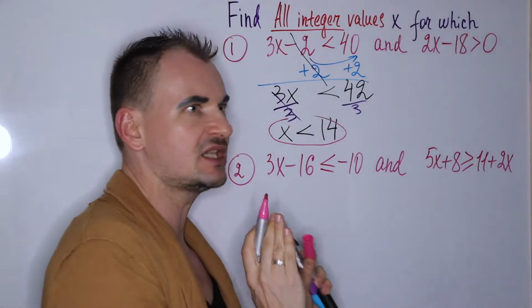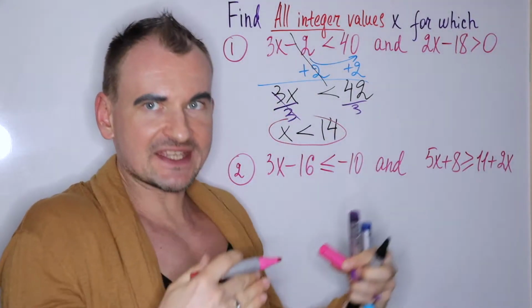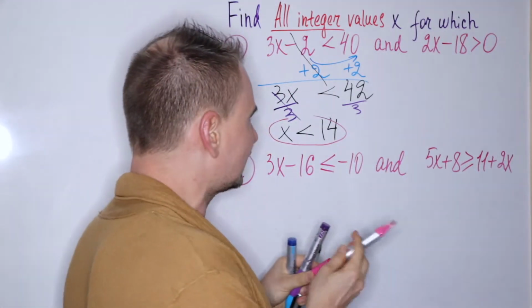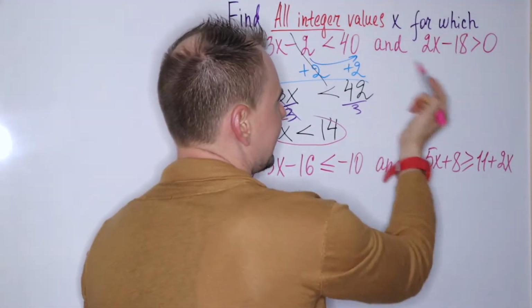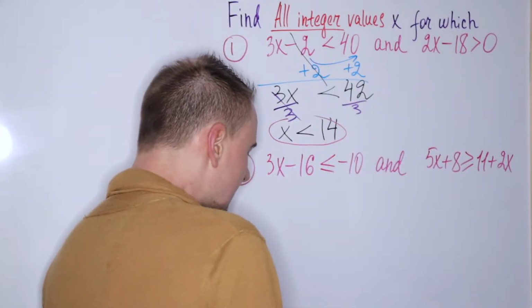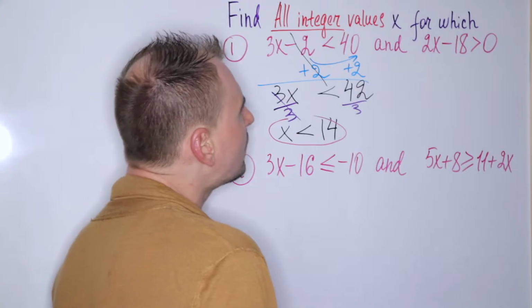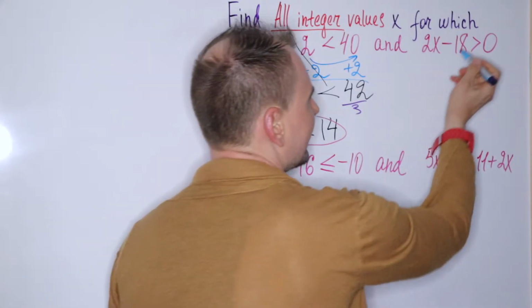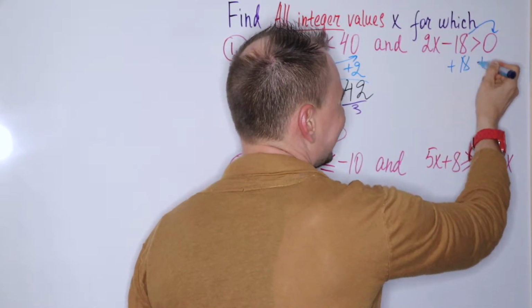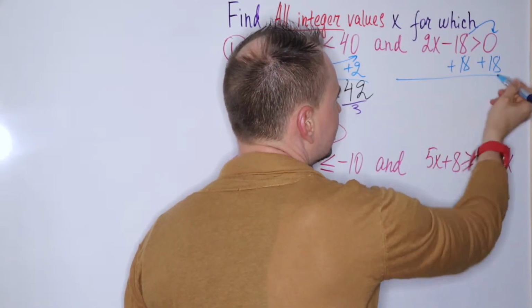We are not done yet. In the same way, we have to solve the second one. It's basic again, very similar to the first one, a linear inequality. You want to move this -18 to the right side by adding 18 to both sides of your inequality.